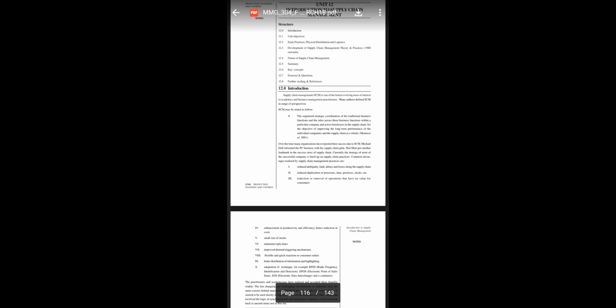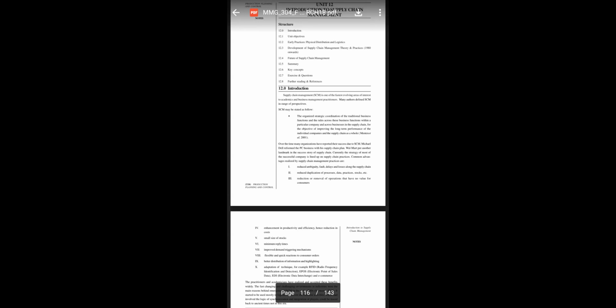Common advantages realized by supply chain practices are: reduced ambiguity, faults, delays, and losses in the supply chain; reduction of duplication of processes, data, practices, stocks, etc.; reduction or removal of operations that have no value for customers.